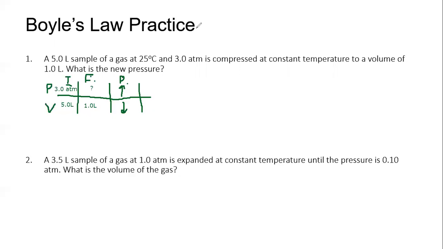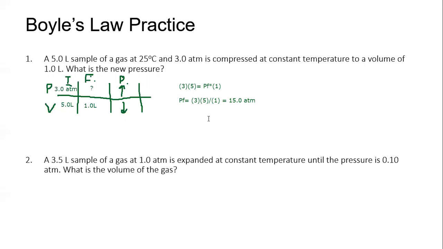Now if we set up our equation, we need to solve for the final pressure. So we divide both sides by 1. We get 15 atmospheres. So we see that the pressure increased when we went from 5 liters to 1 liter, because pressure and volume are inversely related.